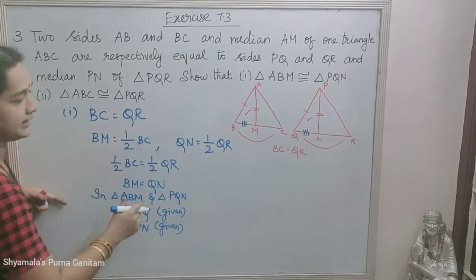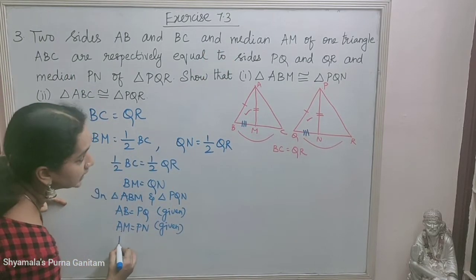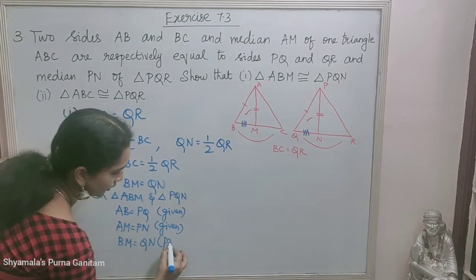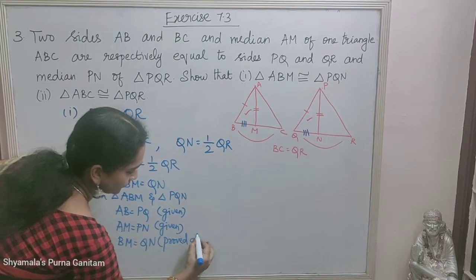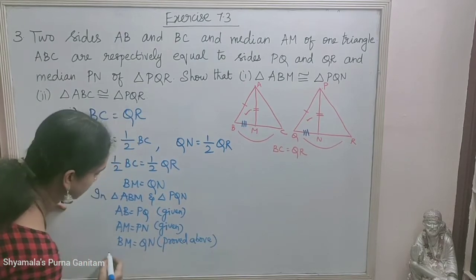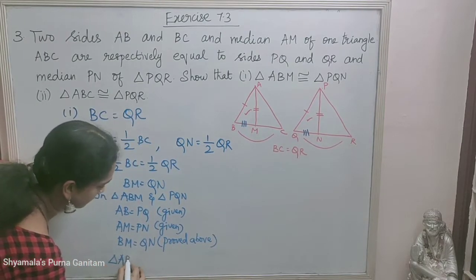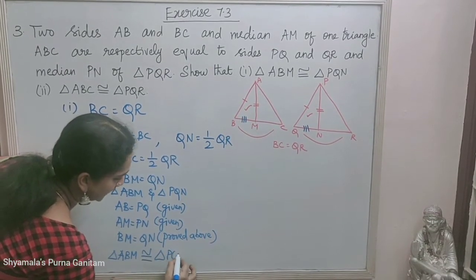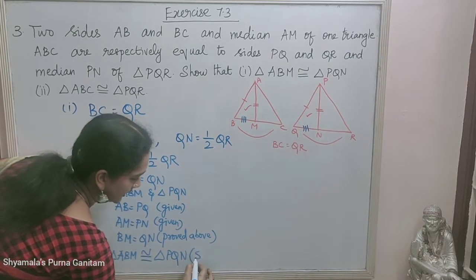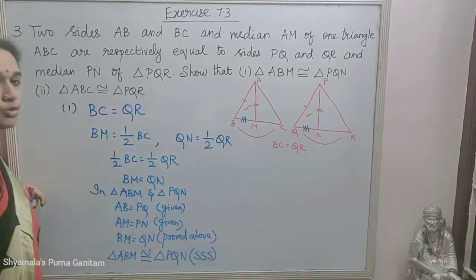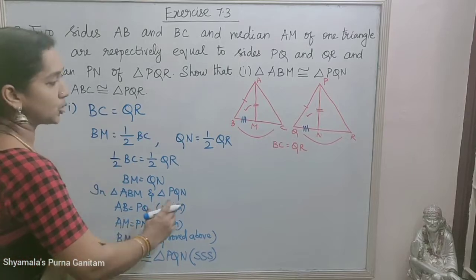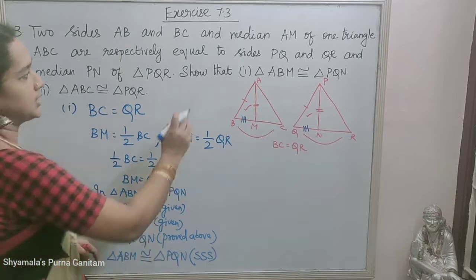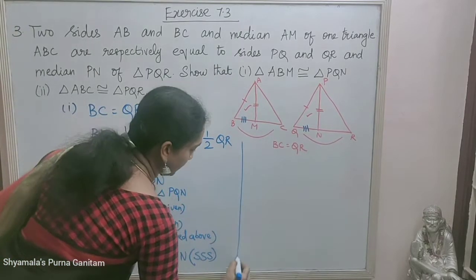Then just now we have proved that BM is equal to QN, so proved above. So with these three things we can say that triangle ABM is congruent to triangle PQN by SSS congruence. By SSS congruence, these two triangles are congruent, we have proved. So first part we have proved.